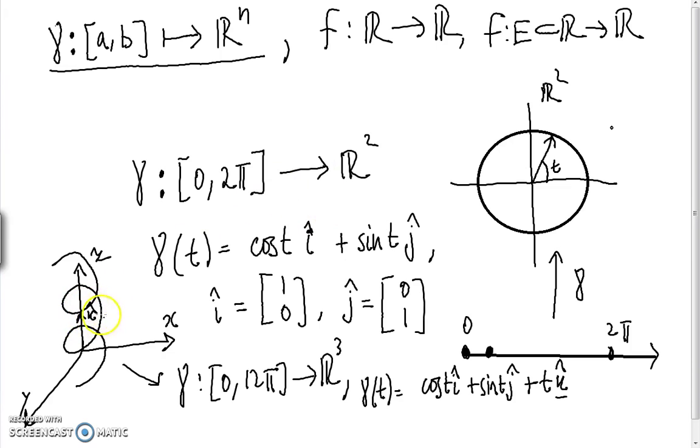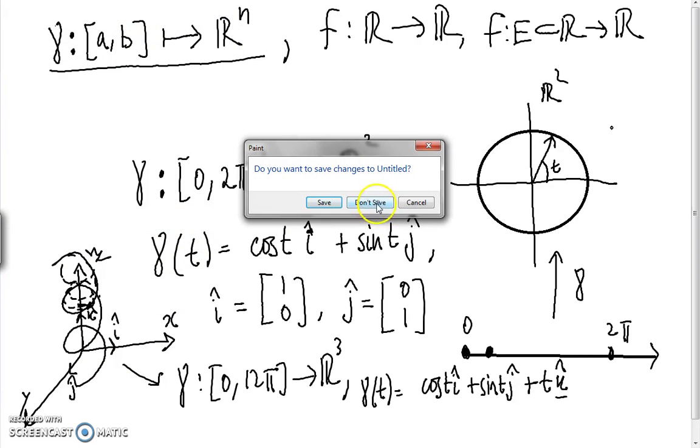So this is k, this is i, this is j. So you would get something like this. At each different level, you'd get a circle. So it would look like a helix. So we have, I guess, an intuition of what these functions look like.